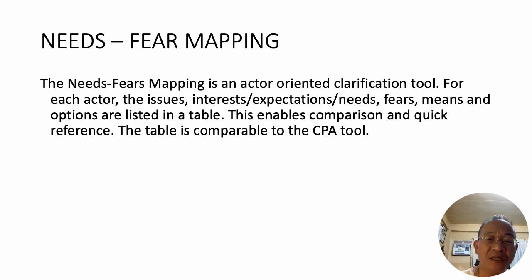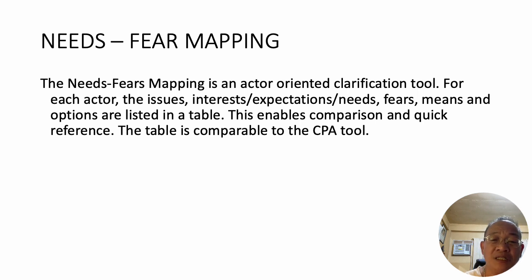So needs fears mapping. How do we map the needs and the fears of the participants? The needs fears mapping is an actor-oriented clarification tool. For each actor, the issues, interest, expectations, needs, fears, means, and options are listed in a table. So this enables comparison and quick reference.